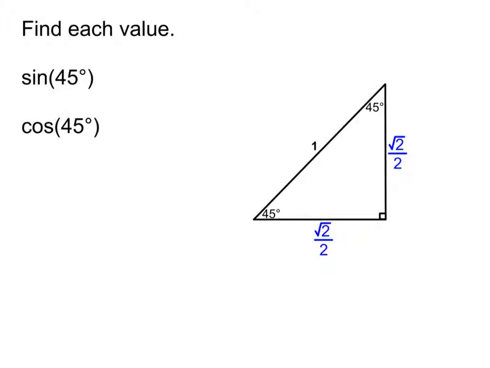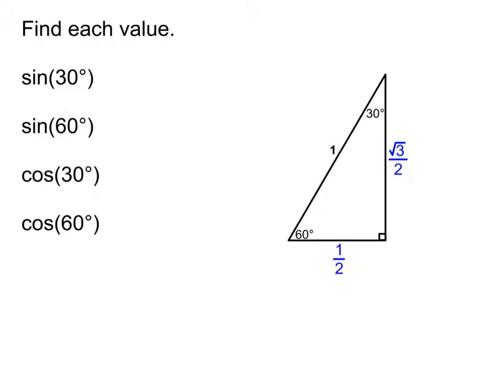Well, you'll notice here the x and y coordinates are both the same. How far over and how far up we go are the exact same value. And so what will the sine of 45 degrees be? It's just the root 2 over 2. And the cosine must be the same thing. It must be the square root of 2 over 2. By knowing this picture, we can know those values.